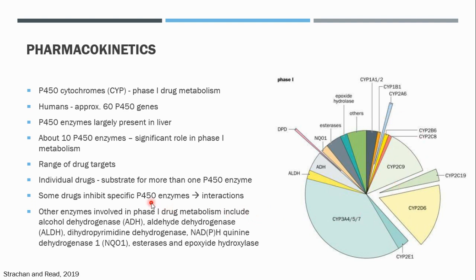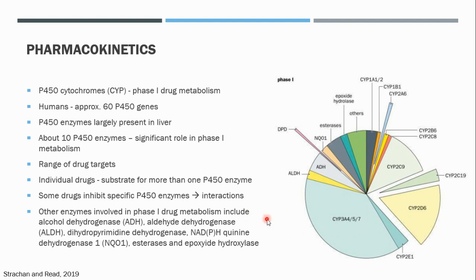And when we combine different drugs with a CYP inhibitor, this could lead to adverse drug reactions. And therefore, it is important to understand genetic variation in individuals and also to look at which drugs are combined when adopting a combination therapy approach with multiple drugs.